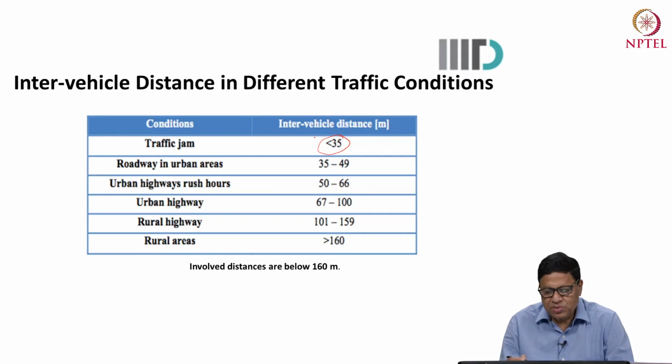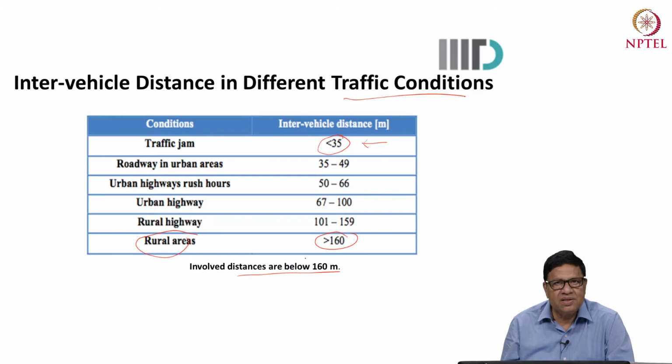And also we need to understand what the average inter-vehicle distance is in different traffic conditions. So in a traffic jam, it is less than 35 meters. For example, in rural areas it is greater than 160 meters. So the distances are of the order of 160 or 200 meters. So one has to design a system based on all these requirements.